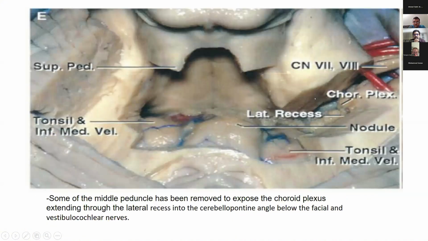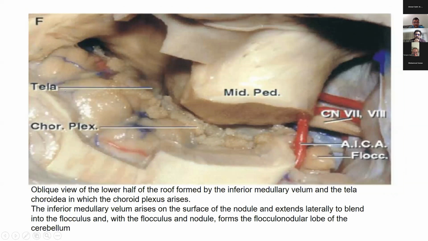Now we have removed some part over here in this diagram, the middle cerebellar peduncle as well. So you can see how the choroid plexus enters through the lateral recess into the CP angle, just around the 7th and 8th cranial nerve. Now we are going to rotate the same picture yet again. This is the nodule, this is the inferior medullary velum, and this is the tela choroidea.